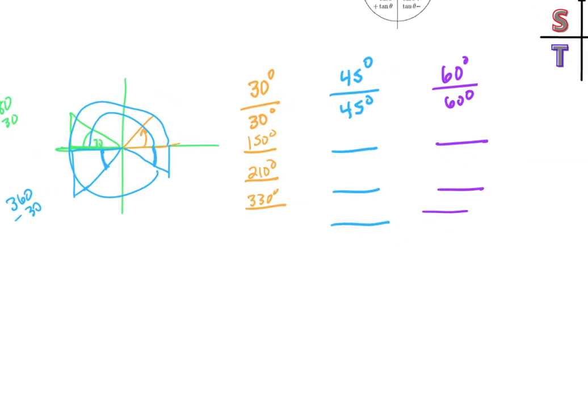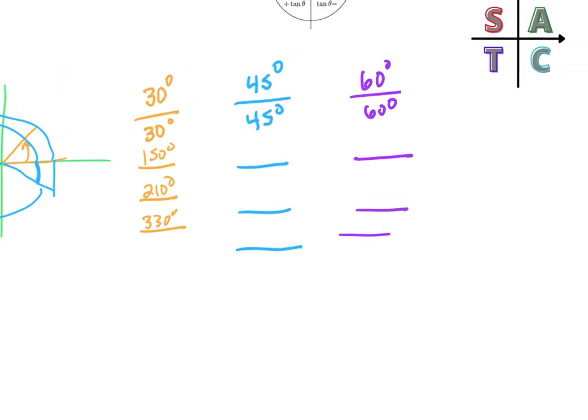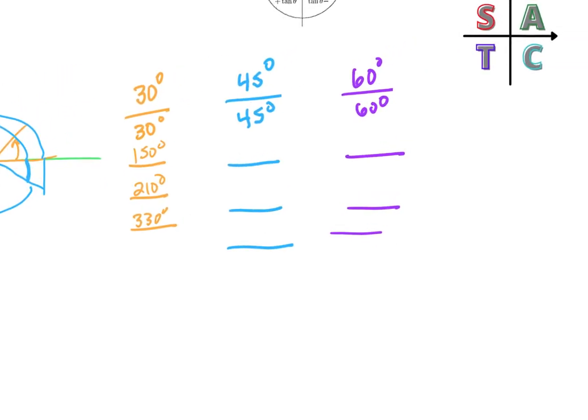So similar process. To get the quadrant 2 reference angle for 45 degrees, we're going to do 180 minus 45, which gives us 135. And then 180 plus 45, which gives us 225. And then 360 minus 45 gives us 315 degrees. Okay?